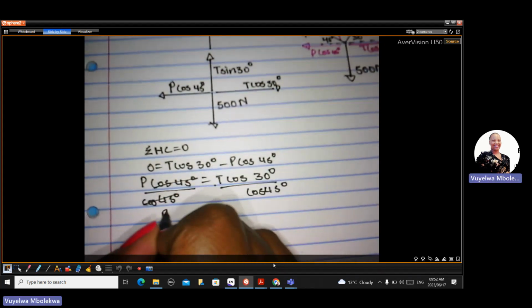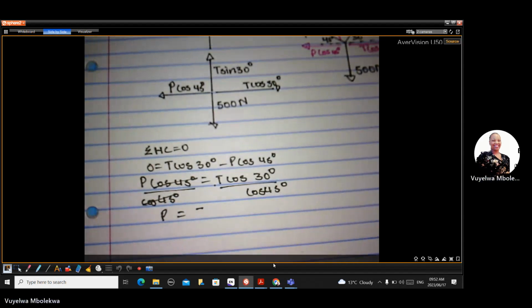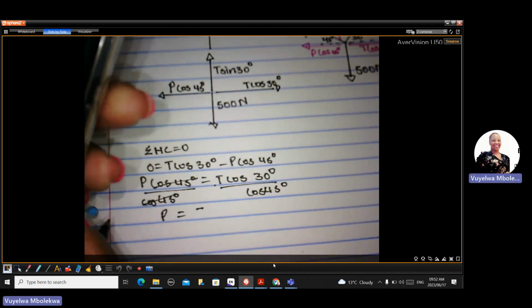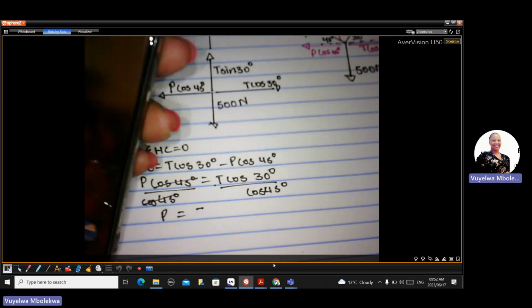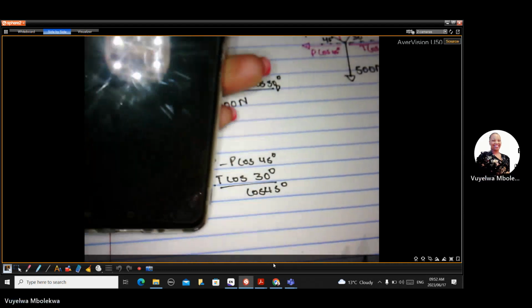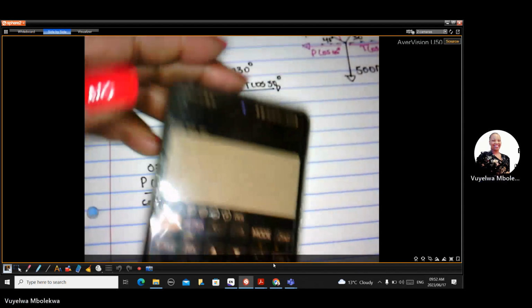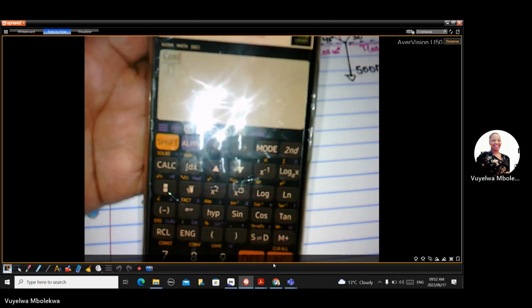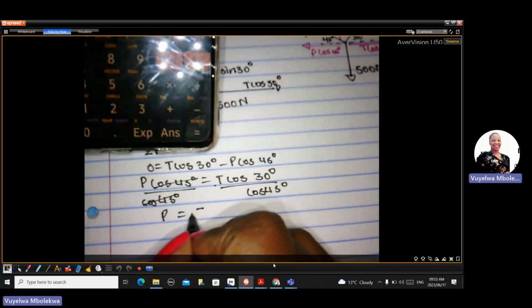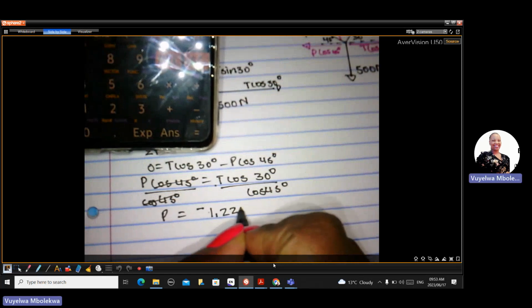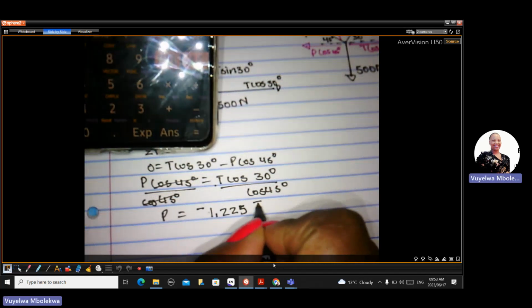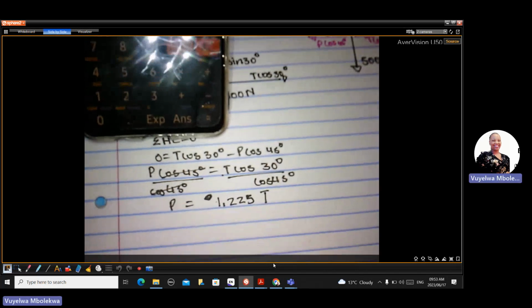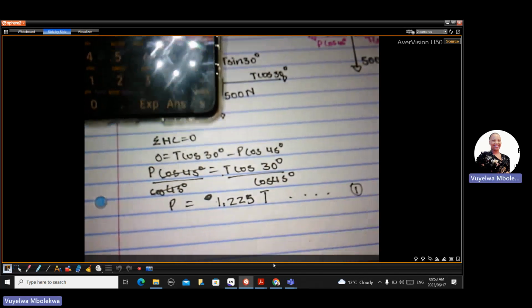So P equals cos 30 divided by cos 45, times T. It gives us 1.225T. So we can say this is equation 1.